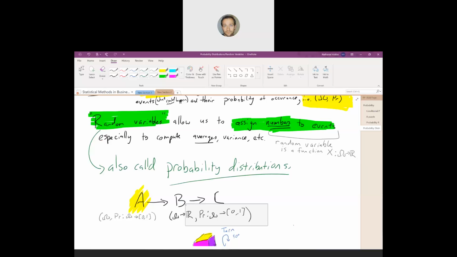That's a very long-winded way of saying that the probabilities don't change. The events have a certain probability in A. All you're doing is now assigning a number to these events, and therefore those numbers happen at the same frequency as the events that they're based on.